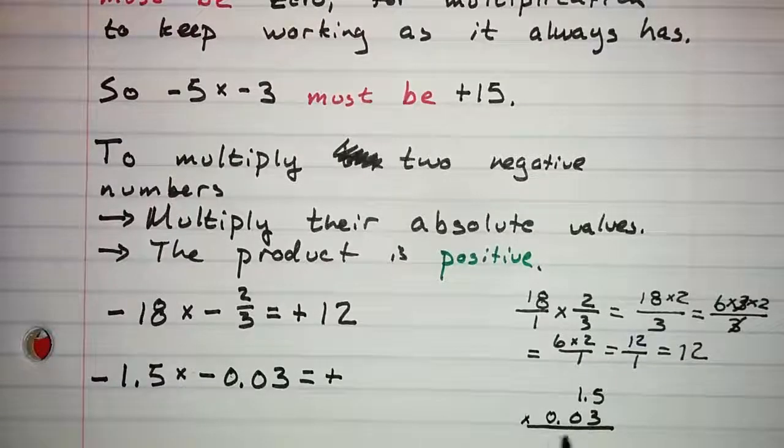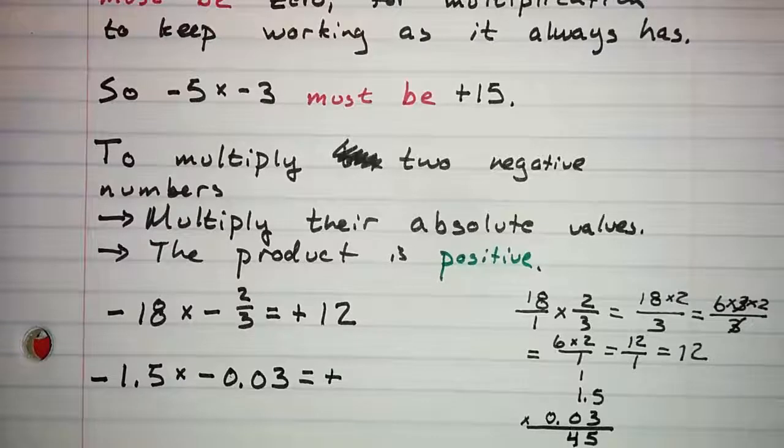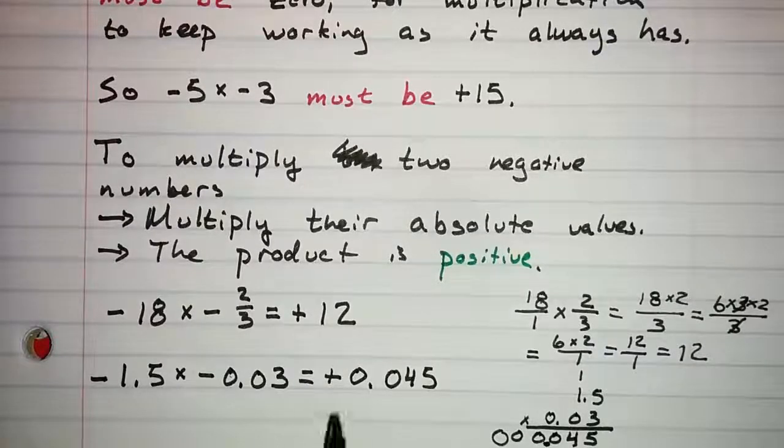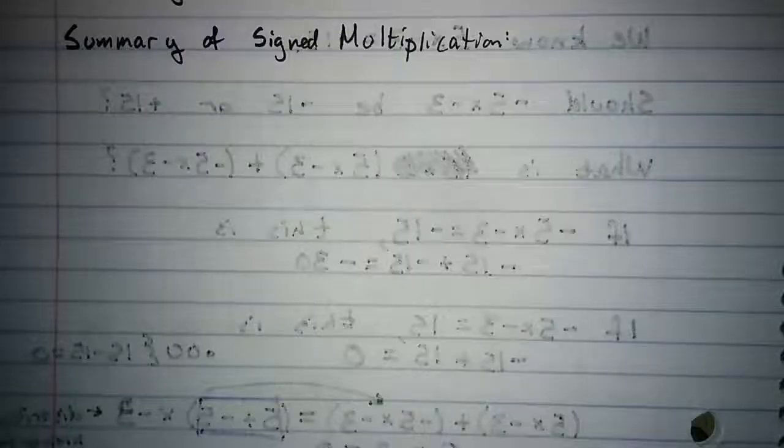Ignore the decimal points and multiply. 3 times 5 is 15. 3 times 1 is 3, and 1 is 4. We want 1, 2, 3 digits to the right of the decimal point. Oh, I think I'll need some extra zeros. 1, 2, 3. There we go. So 0.045. And again, positive.